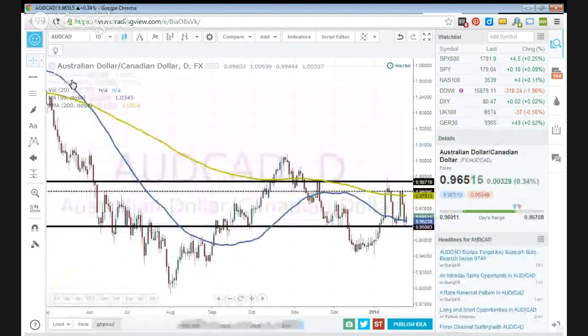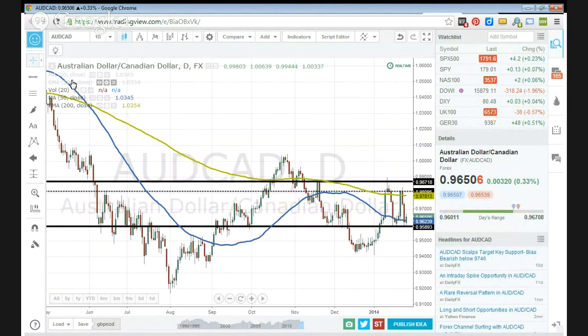Aussie Canada. Okay. Now this is something I would feel more. I'm trying to debate whether this is a range-bound trade or I should wait to short it.